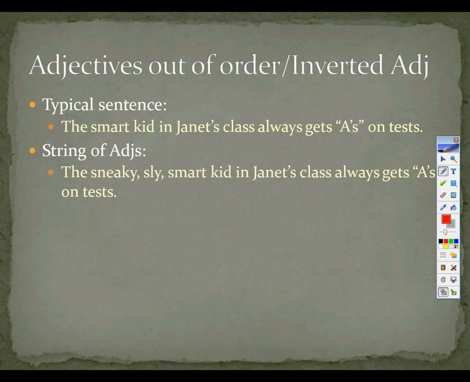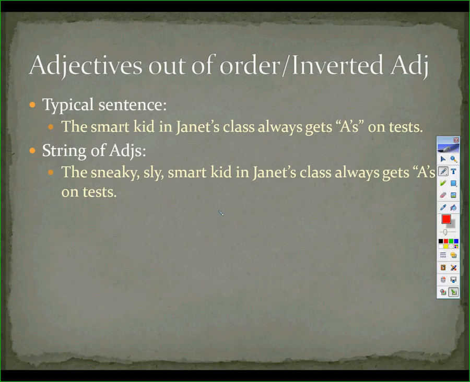In this case, we have a string of adjectives, three adjectives: sneaky, sly, and smart, and they're all modifying kid. So if we want to fix this sentence and make it sound better, first of all, we're going to move two of these adjectives after the noun that they modify.